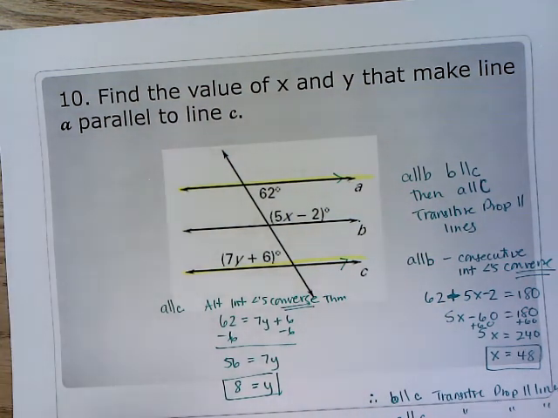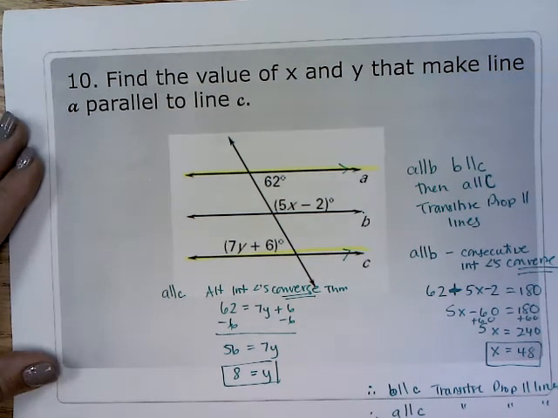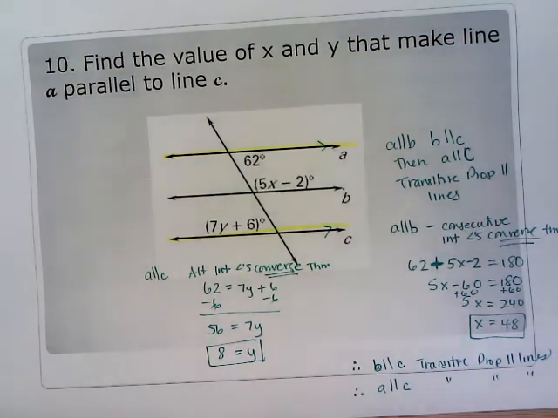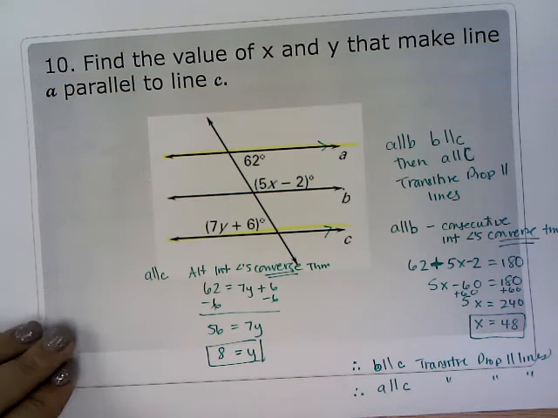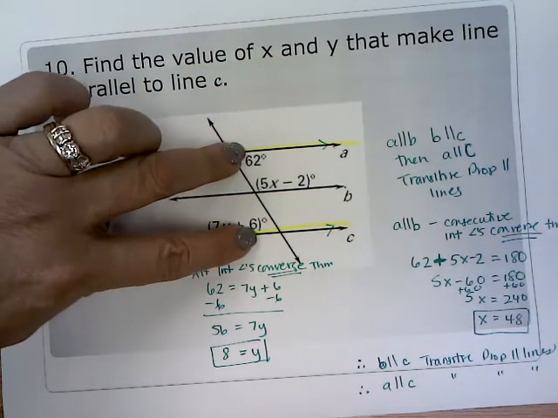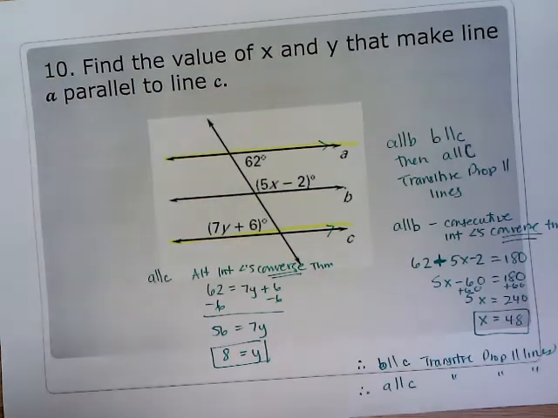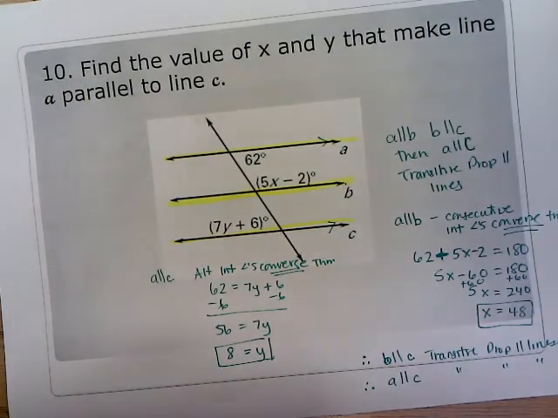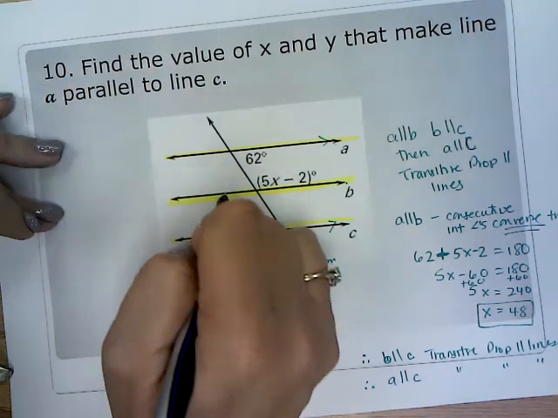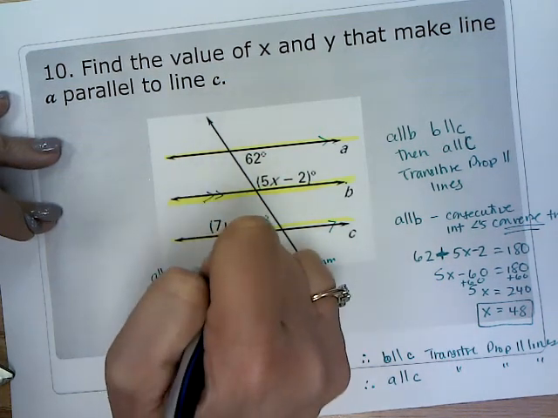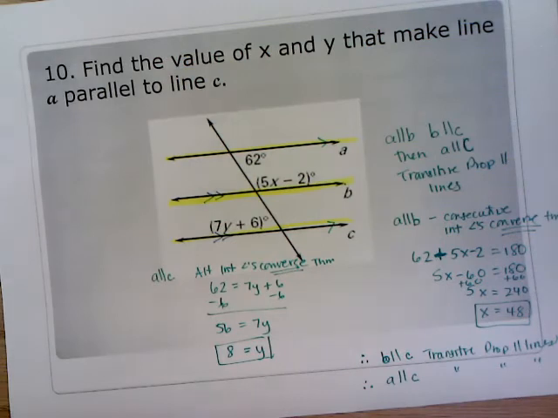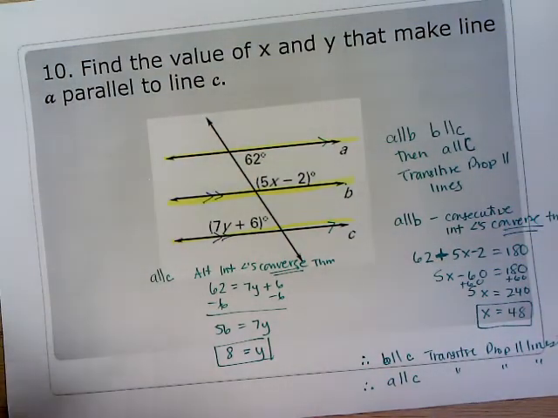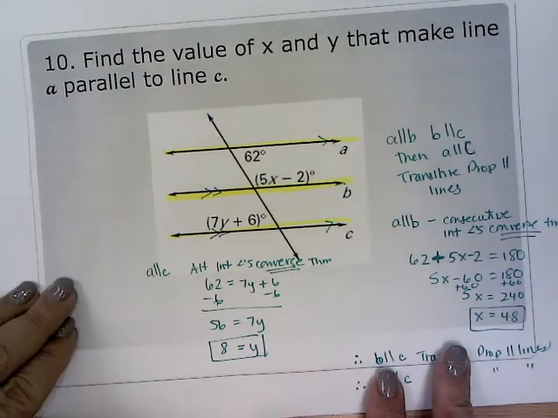So therefore, I found my values of x and y. Instead of just putting a bunch of numbers down and finding x and y, I'm just showing you how you prove it all interlocks and how it all comes together. So these two are parallel. Then I proved these two were parallel, so then A had to be parallel to C as well. So both values work.